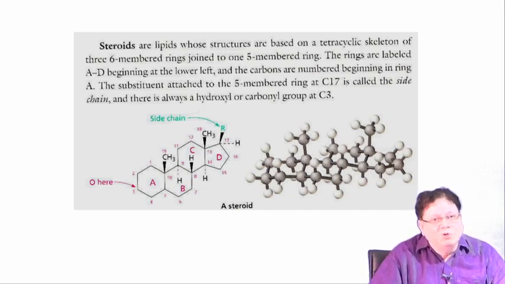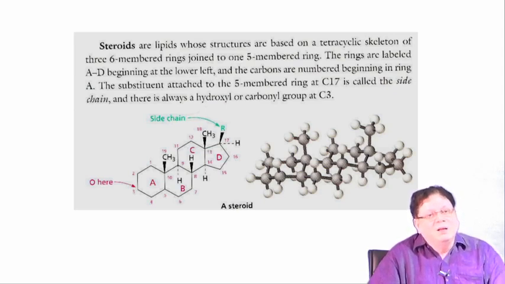When you have angular fusion between 3 six-membered rings, that is called phenanthrene. If it is linear, that is called anthracene. So, a steroid is actually called cyclopentanoperhydrophenanthrene.